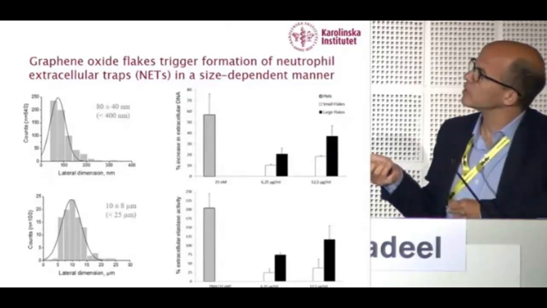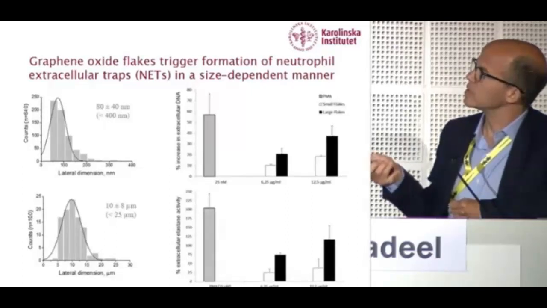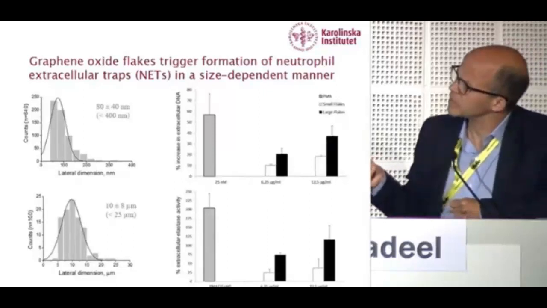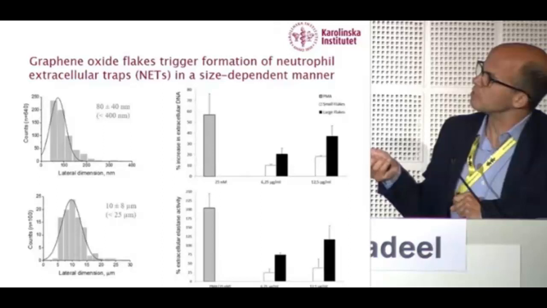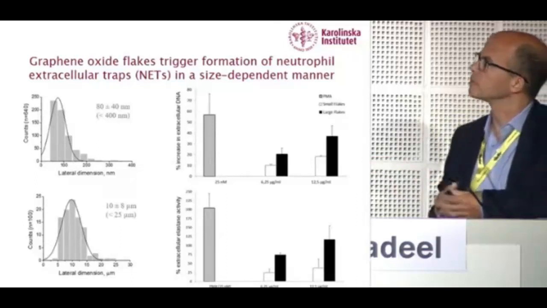And in white are the small flakes, in black are the large flakes. So there's a dose-dependent and size-dependent induction of NETs. These, by the way, are the size distribution data for the small flakes, which are some 80 to 100 nanometers in diameter, and the large flakes some 8 to 10 microns in diameter.